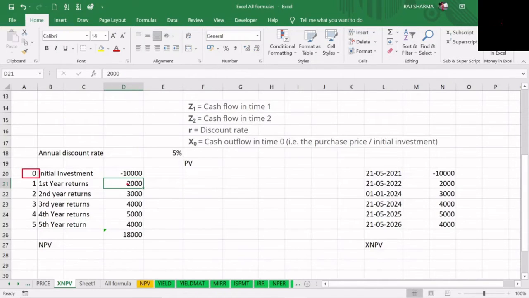So what could be the present value of this 2,000, the present value of this 3,000, etc. on this zero date, and is that more than our initial investment of 10,000 or not? That is the objective of this NPV formula. If the present value of future receivables is higher than the initial investment, then only does the project make sense to invest in. Otherwise, it will be a loss-making proposition.